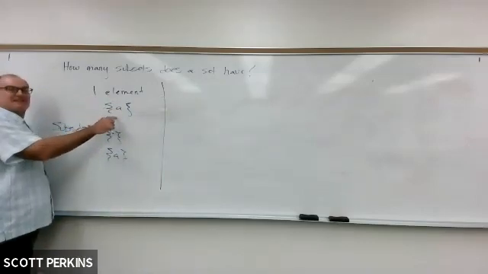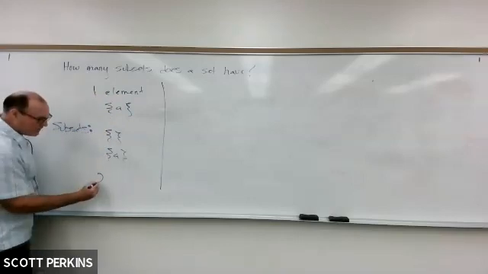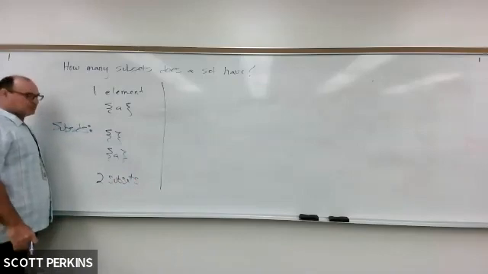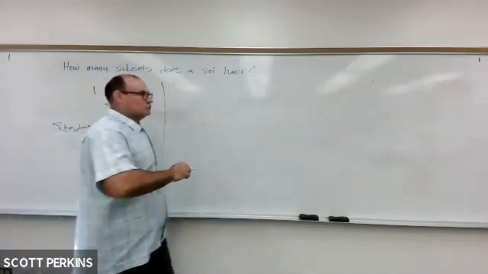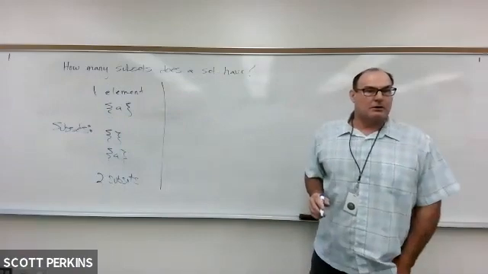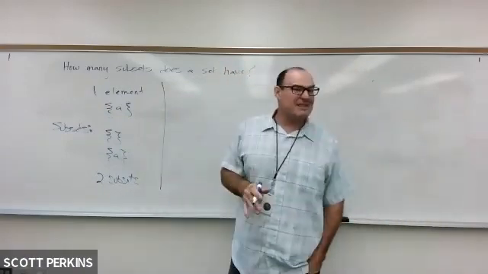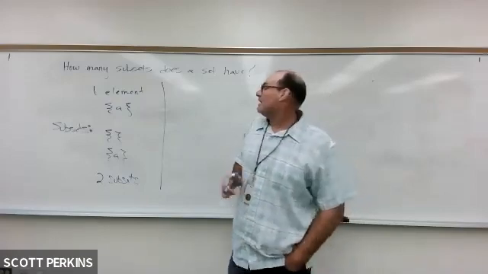So a one element set has 2 subsets. Next, we're going to do this for a couple sets, but this gets bulky really quick, so we're not going to do this for too long.